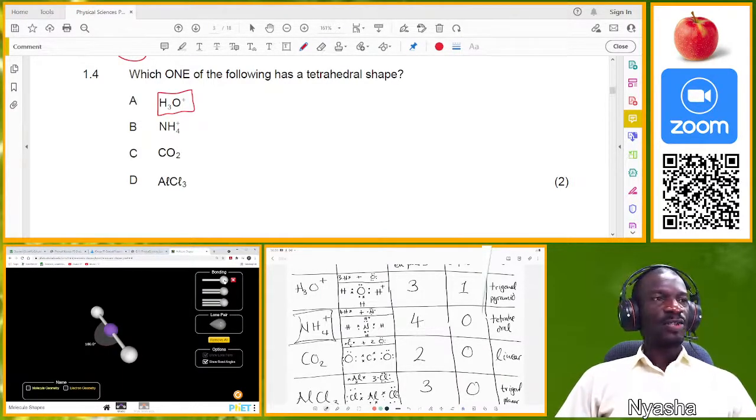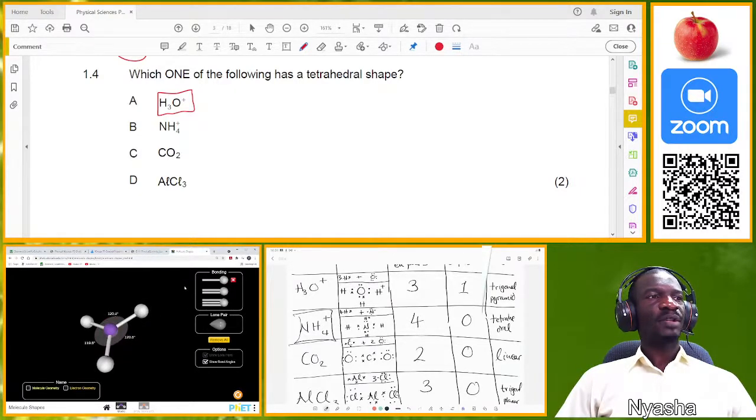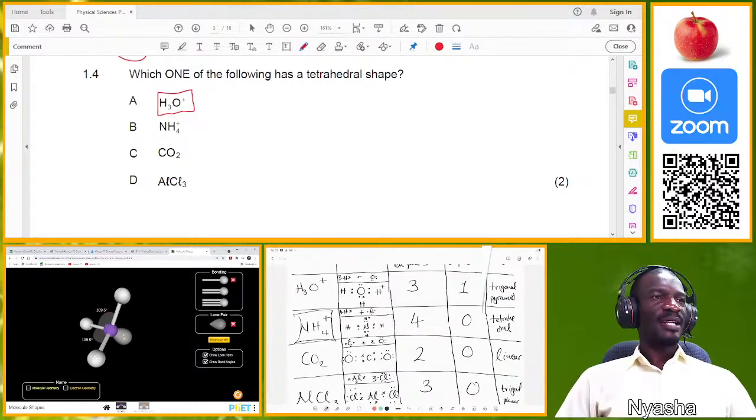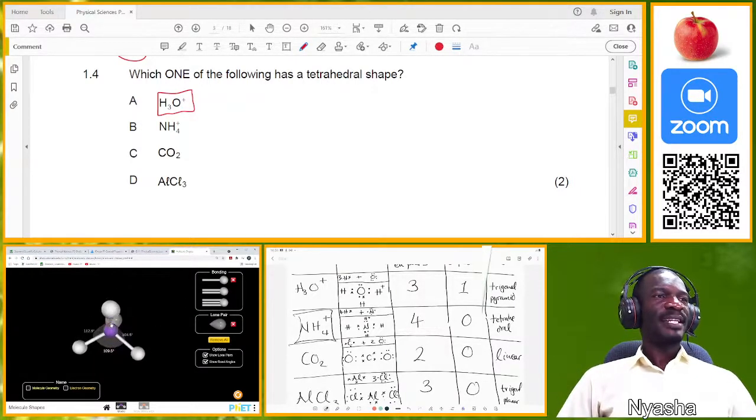Now for the hydronium, we would need three of the hydrogens, right? And then we would need one lone pair. So 3 bonding pairs and 1 lone pair. So this is what we've done. We've created a model of the hydronium molecule.